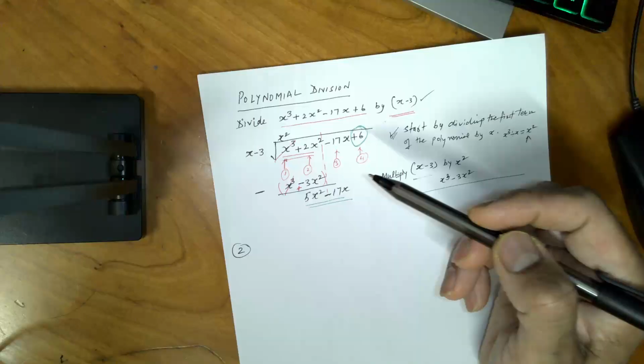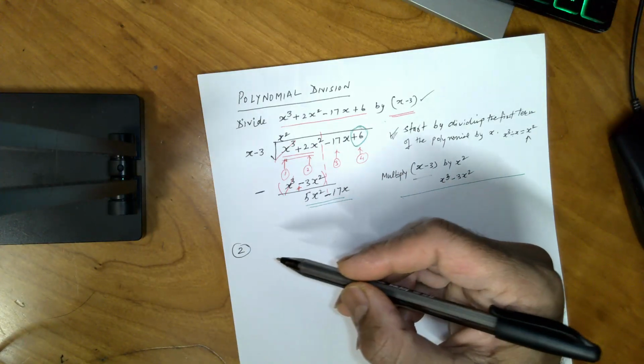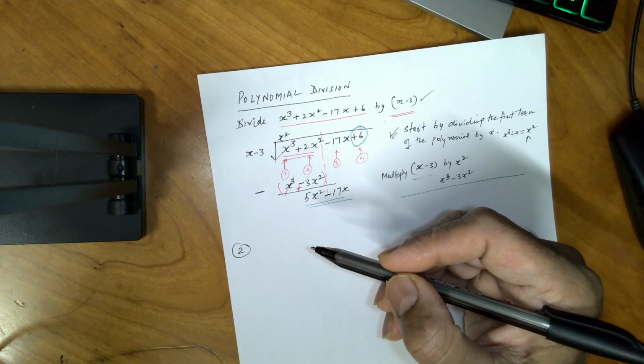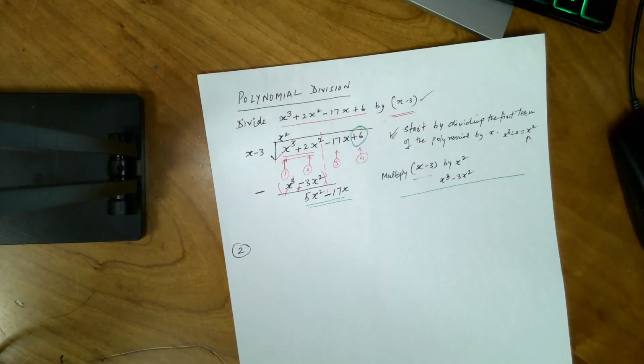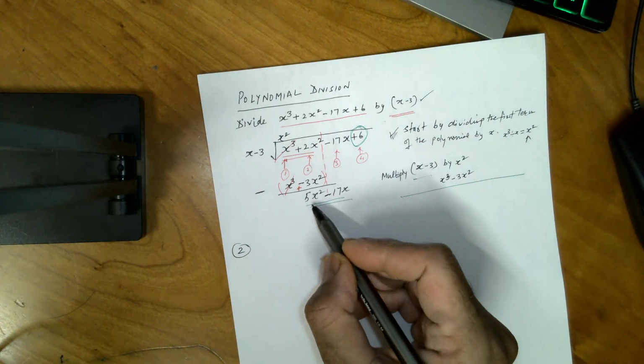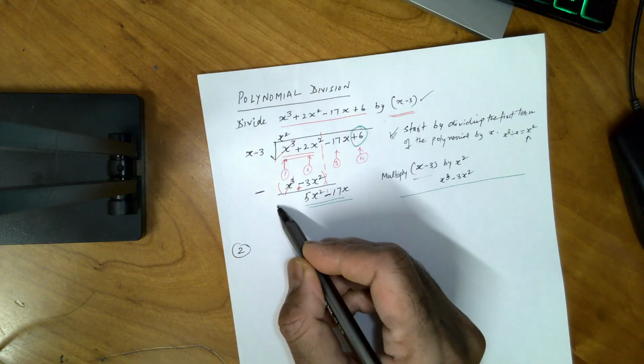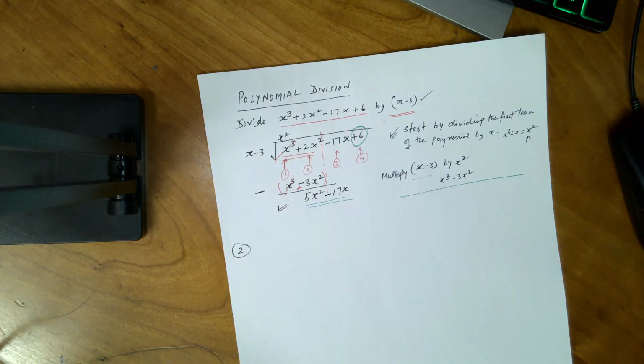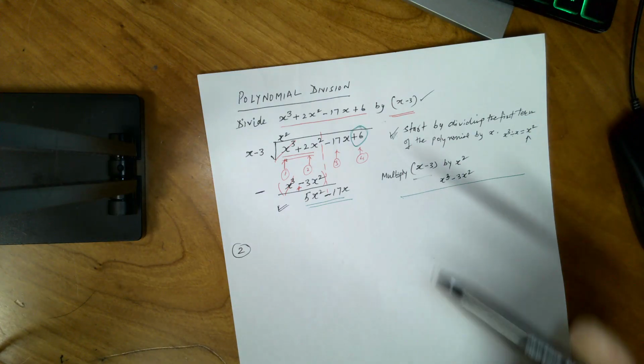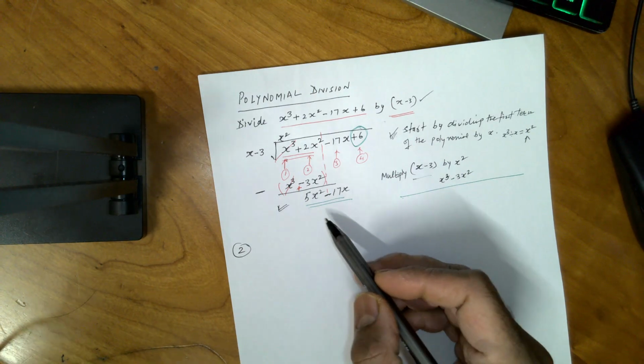Now the second step would be here. Repeat the method, divide 5x squared, because you have to work now with this 5x squared minus 17x.